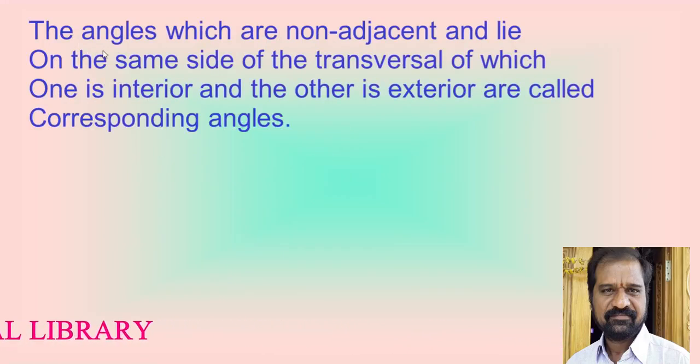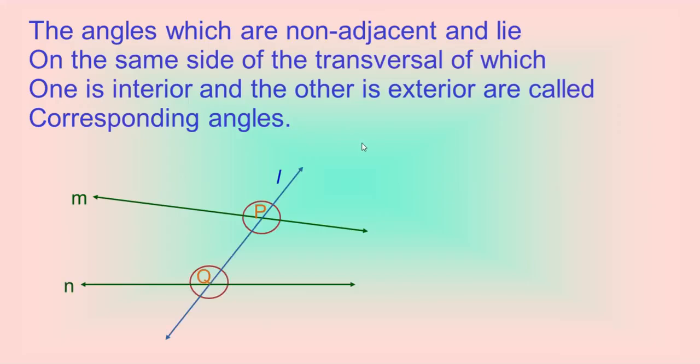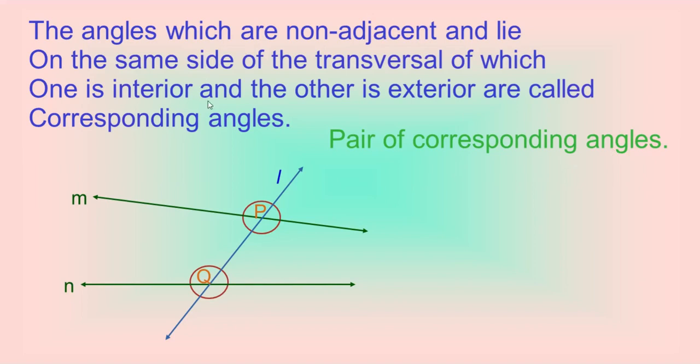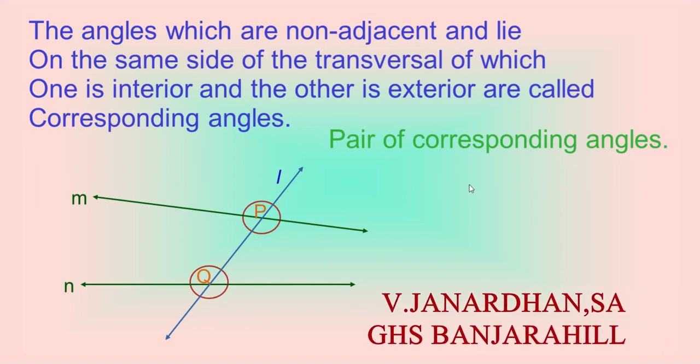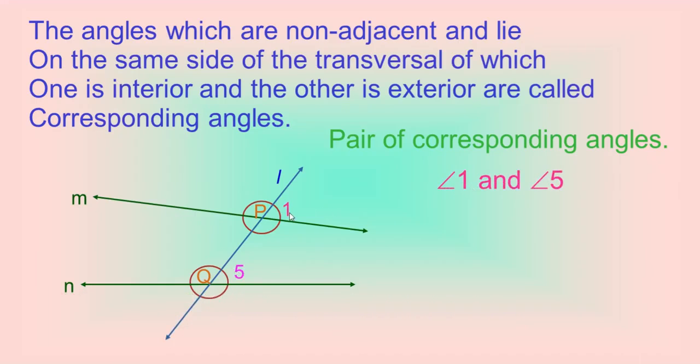The angles which are non-adjacent and lie on the same side of the transversal, of which one is interior and the other is exterior, are called corresponding angles. We will discuss pairs of corresponding angles now. Take 1 and 5: same side of the transversal and non-adjacent.